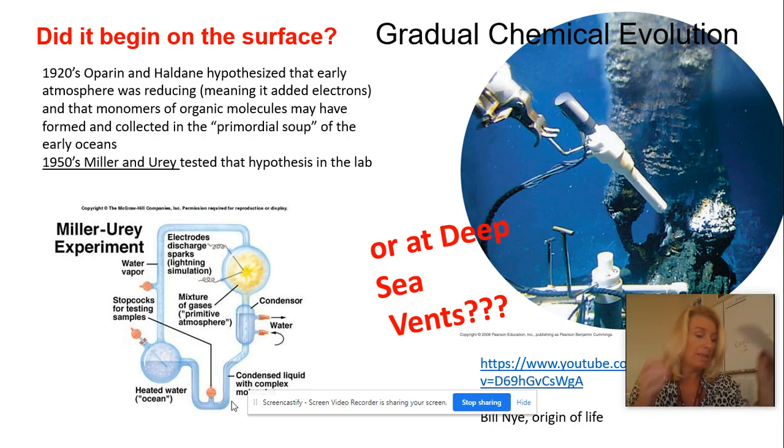And you learned in Bio 1 that the monomer of a carbohydrate is glucose, the monomer of a protein is an amino acid, the monomer of a nucleic acid would be a nucleotide. So in the 1950s, Miller and Urey actually did this experiment right here, and they created the building blocks of life. Pretty darn cool.